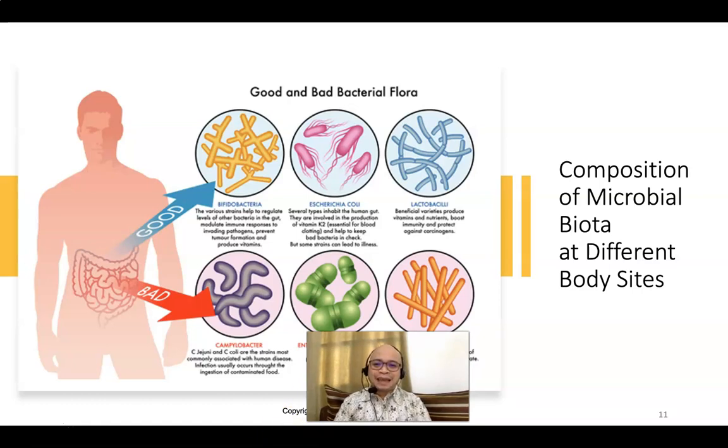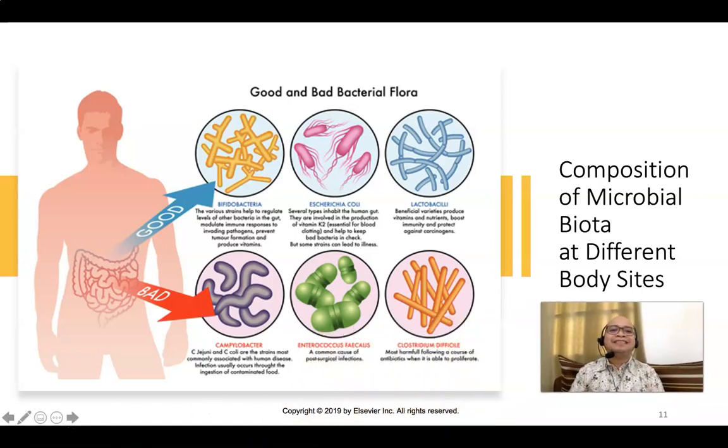We may be able to classify them as good or bad bacterial microbiota. In this illustration, Bifidobacteria, Escherichia coli, and Lactobacilli are considered good bacterial microbiota at the gastrointestinal tract.